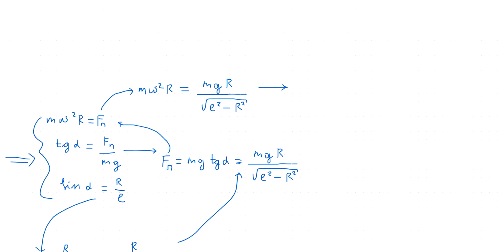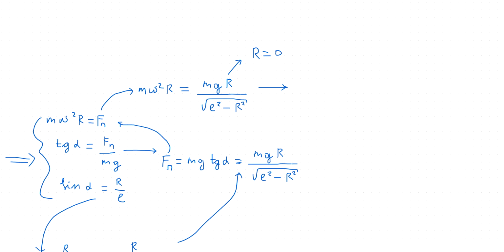So m is gone, and we have the first trivial solution that r is equal to 0. But it doesn't make any sense for us.